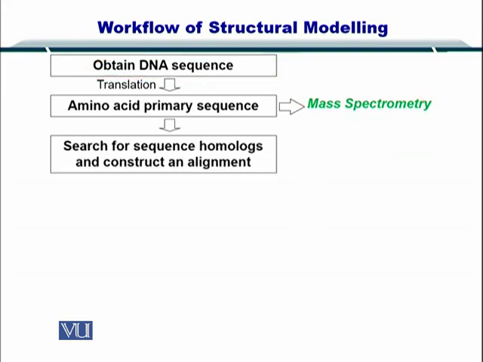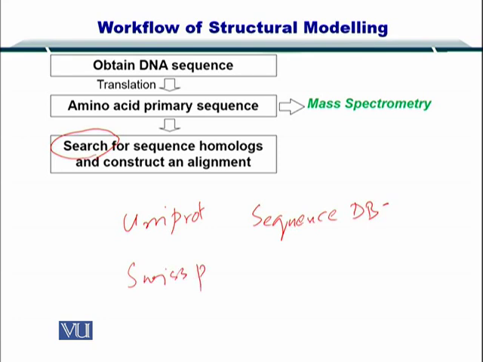Now, since you have the sequence with you for your protein, you can search for other proteins in the databases such as UniProt. UniProt is a sequence database, or SwissProt, which is also a sequence database. You can search for your protein within these databases to find other proteins, and those proteins should have a similar sequence.